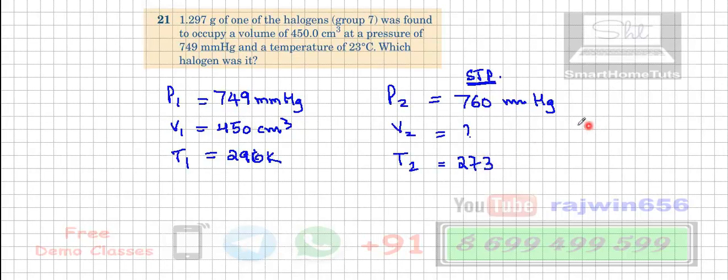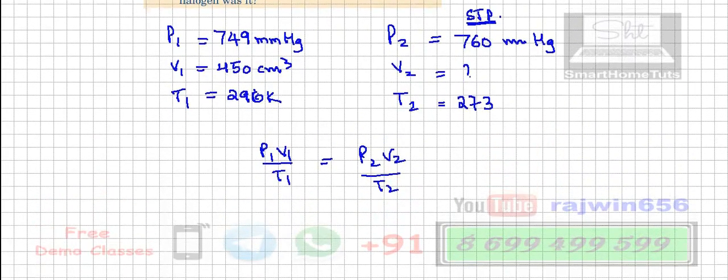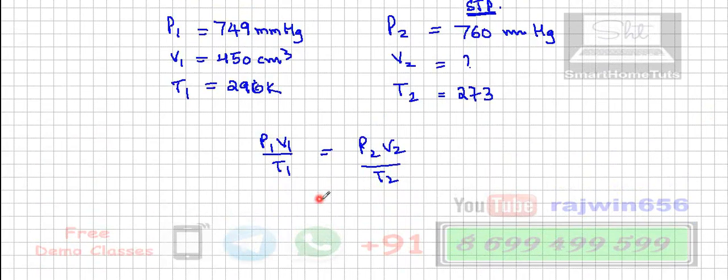I'm going to apply the formula P1V1 upon T1 is equal to P2V2 upon T2. I'm going to find this volume V2. Will we convert V1 into dm³, or will it remain the same? We'll see that later. First you substitute this value and calculate this.